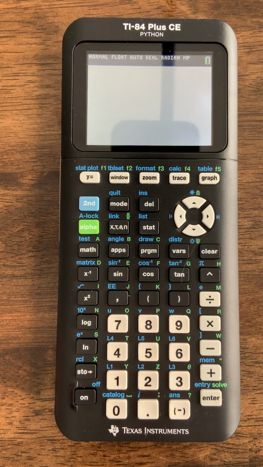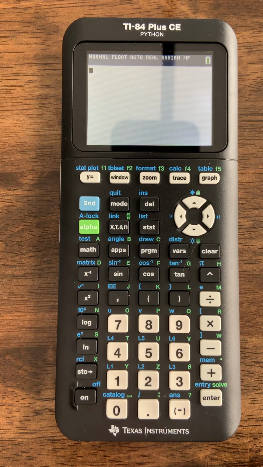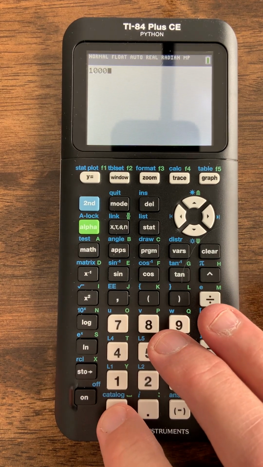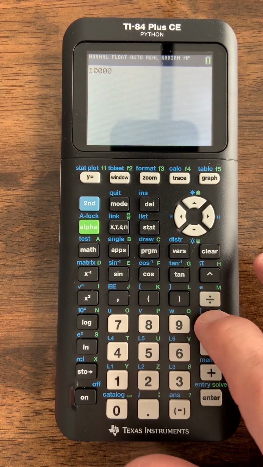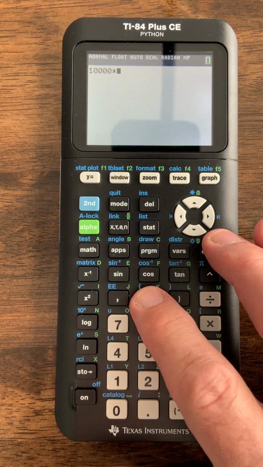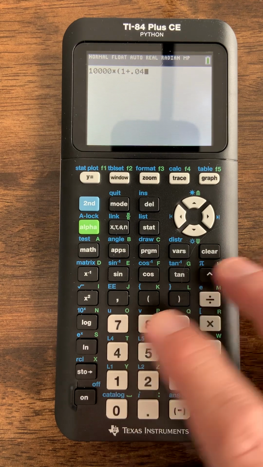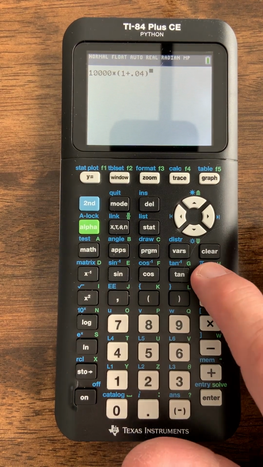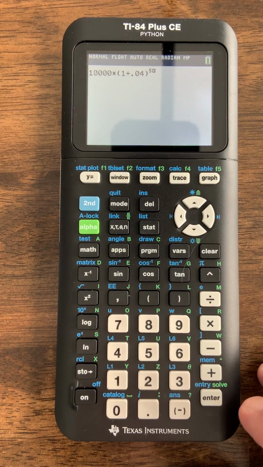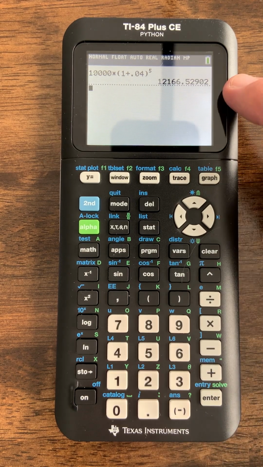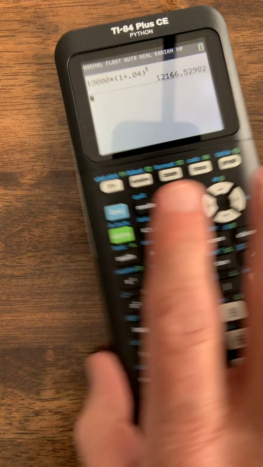So in this case, we're wanting to do the 10,000 times, and then parentheses, 1 plus 0.04, close the parentheses, raise all of it to the 5th power, enter. So at the end of 5 years at 4% interest, compounded yearly, we're going to have $12,166.53. So that's where we're at, doing it that most simple method.